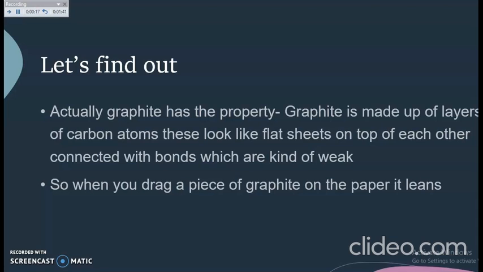These look like flat sheets on top of each other, connected with bonds which are kind of weak. So when you drag a piece of graphite on paper, it slides, yes, it slides and leaves its color behind.